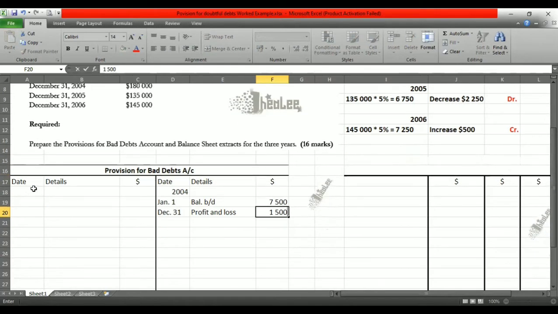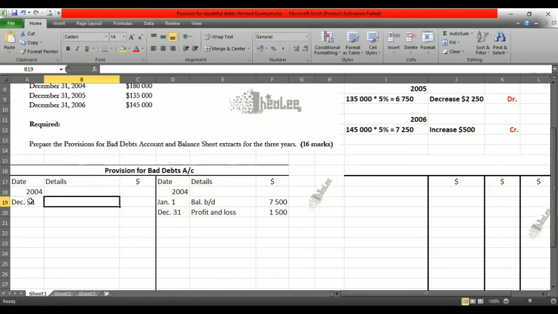So therefore, we're going to proceed to balance off the account. So that's December 31st. Details, balance carried down because we're balancing off the account. We want both sides to be the same. And on our credit side, we're seeing a total of $9,000. The debit side, there is nothing.